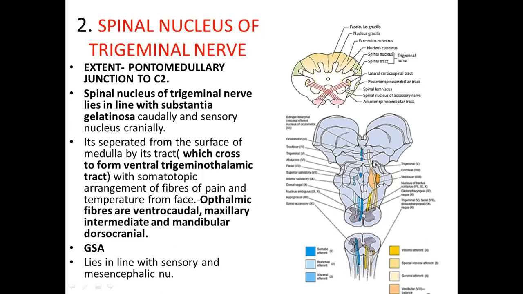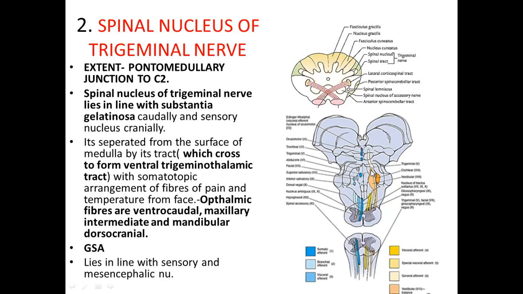Then over here you can see this one is the spinal nucleus of the trigeminal nerve belonging to the general somatic afferent column. Over here, if you remember, I've told you about the basal plate and the alar plate. The basal plate gives rise to the efferent, the motor component, and the alar plate gives rise to the afferent column.